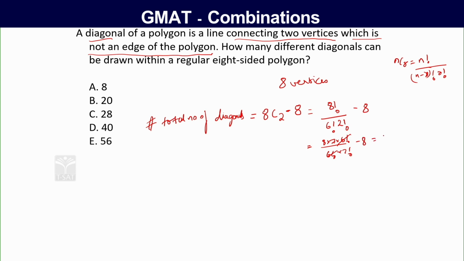You are left with 8 into 7 divided by 2, minus 8. 2 cancels out 8 four times, 4 sevens are 28, minus 8 is equal to 20. So, there are a total of 20 diagonals. So, our option B is the correct answer.